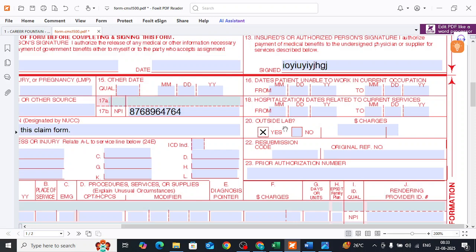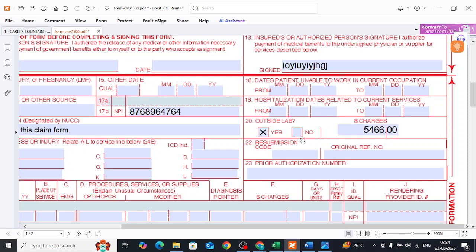Then the doctor will read those reports and only then prescribe. Same here, if the facility is not available for radiology or laboratory pathology, then the patient will go outside and take the service from an outside lab. Obviously it is not free of cost, so he will spend some amount there. That amount needs to be mentioned here.